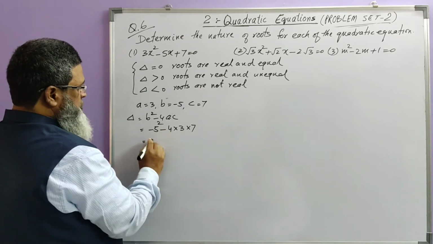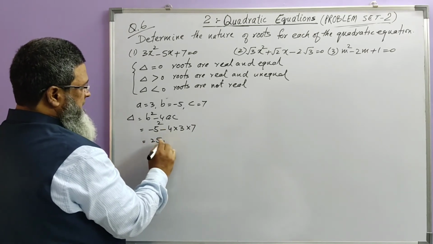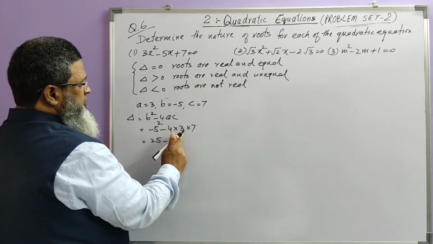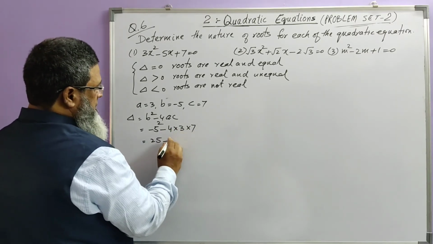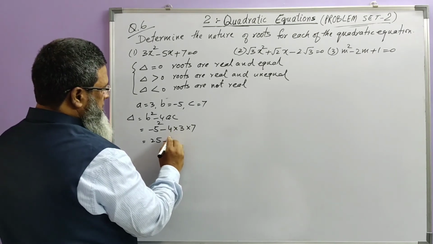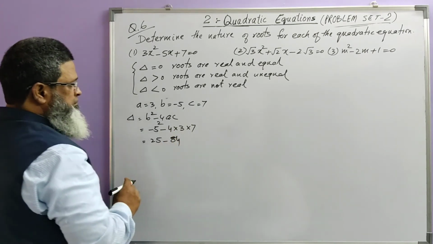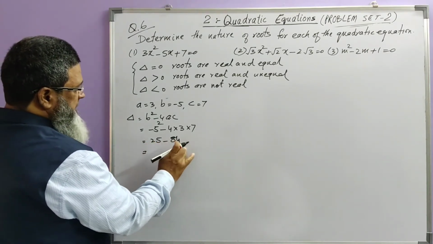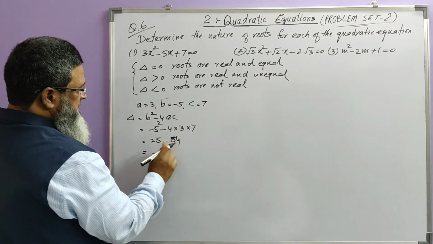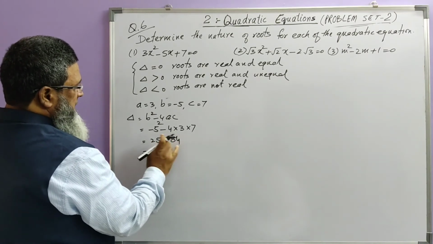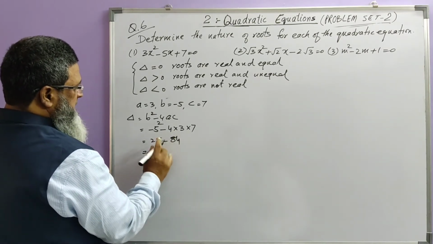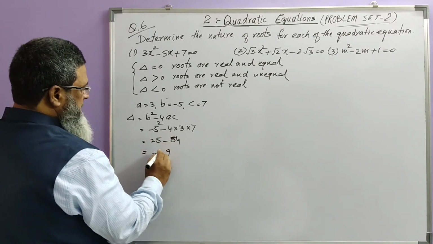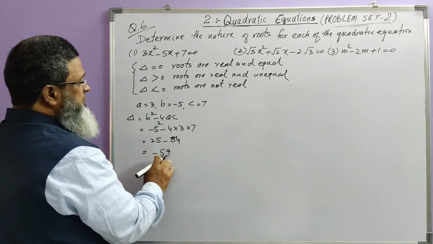So 5 square is 25 minus 4 times 3 is 12, 12 times 7 is 84, and 25 minus 84, minus is greater, so minus 59.